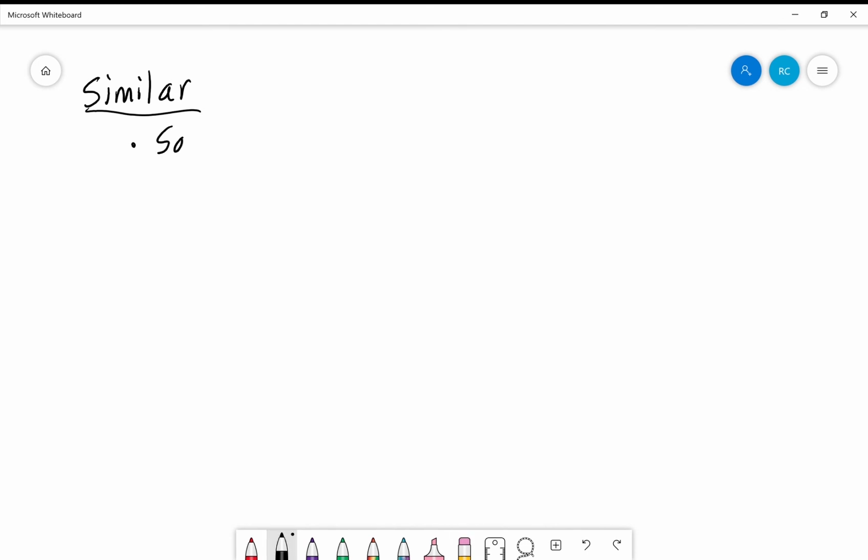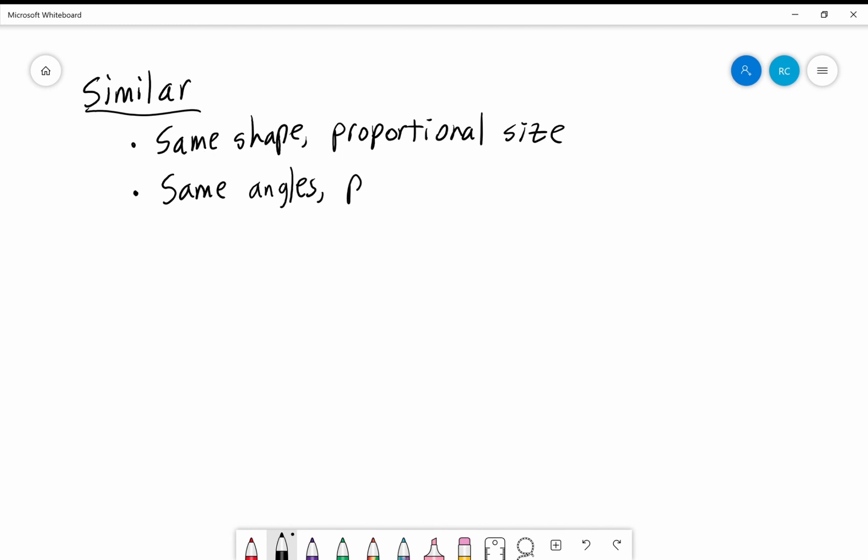We're going to say it's the same shape with proportional size. Now, later on, we upgraded this definition into same angles and proportional sides. And this gives us some really good criteria for trying to figure out whether or not two objects are similar.